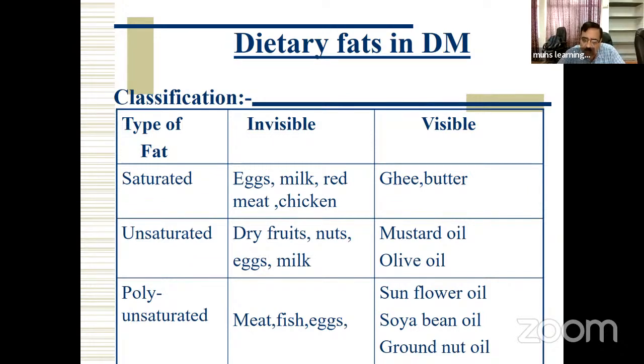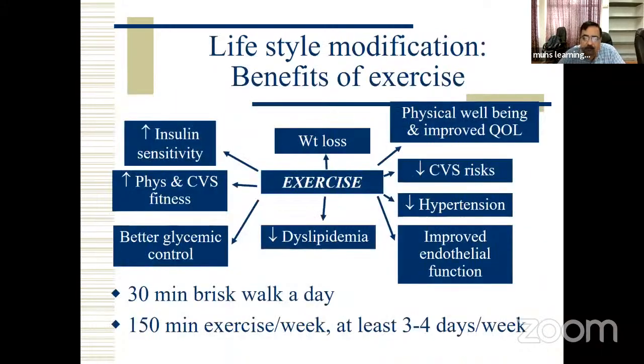Sunflower oil has a good amount of polyunsaturated fat, and the major types are the ones freely available in the country. Olive oil also has a good amount of monounsaturated fat, but it is not so readily available in India.